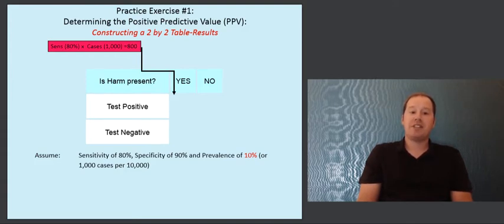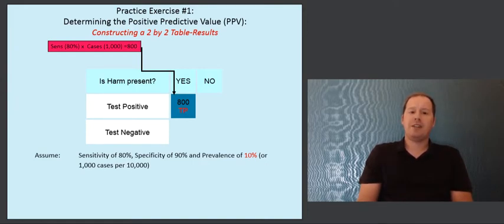Here we take the sensitivity, 80%, and multiply it by the number of cases, 1,000, the number of people who have the actual condition. And so we get 800. 800 people are going to test positive when in fact they should test positive. That's the true positive rate for this test.